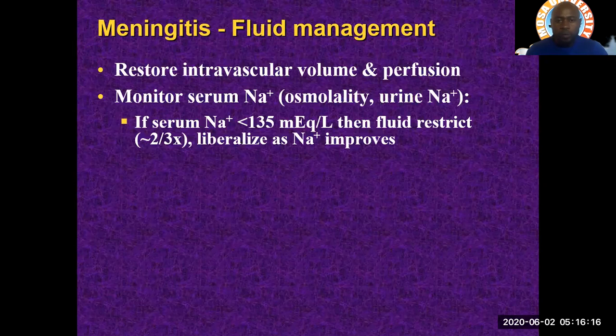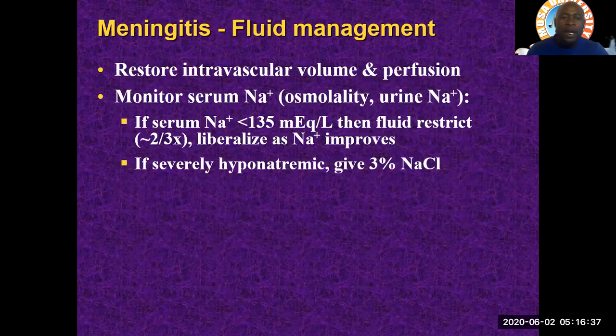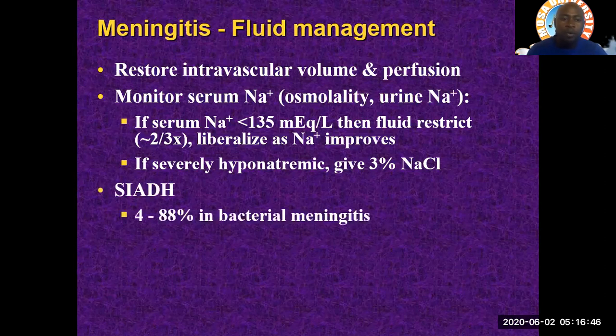So, if serum sodium is less than 135, you restrict the what? You restrict the fluid intake. Okay, until you stabilize the what? The sodium, and you ensure that this sodium has improved. But if this patient is severely hyponatremic, you give 3% sodium chloride.